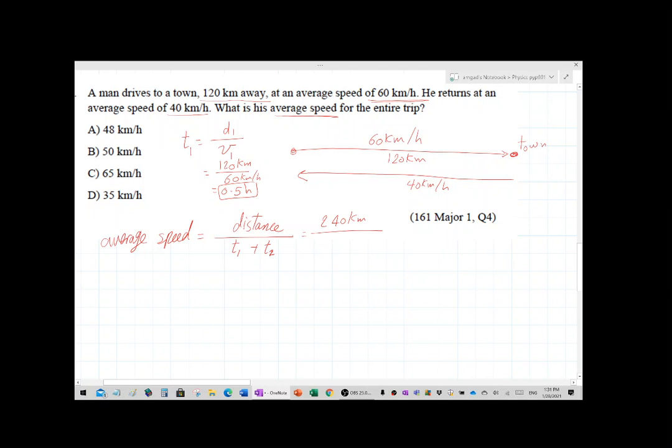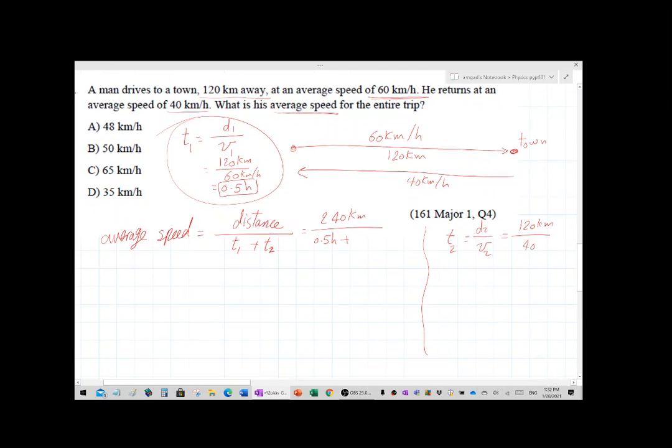So this is the first time, half hour. Plus I will do the same to calculate the second time. So the second time, T2 here, is the time when he returns back, equals d2 over v2. The distance is the same. He returns the same distance, 120 kilometer, divided by the speed, which is 40.